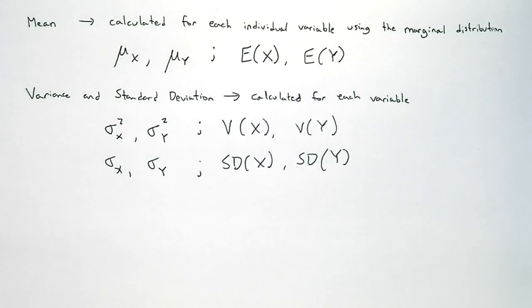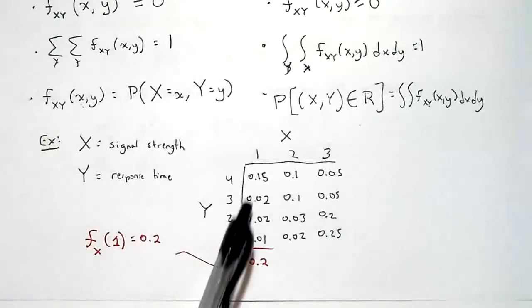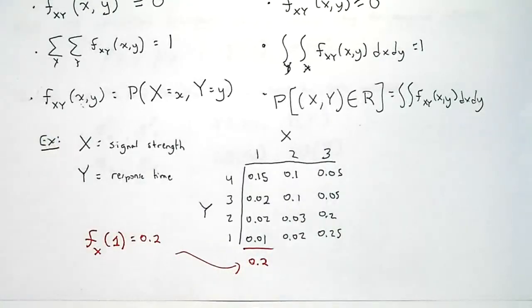If we go back to that table we looked at, and I don't have to show the Excel again, I think I can just show it here. If we go back to this table, we have different probabilities for different values of x and y. Now, there's something interesting here.